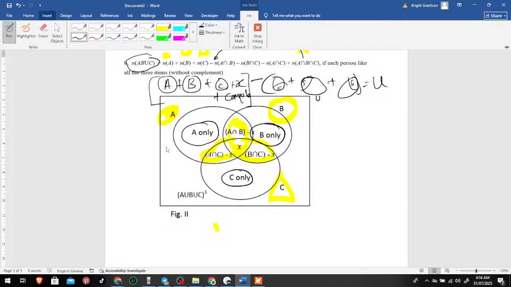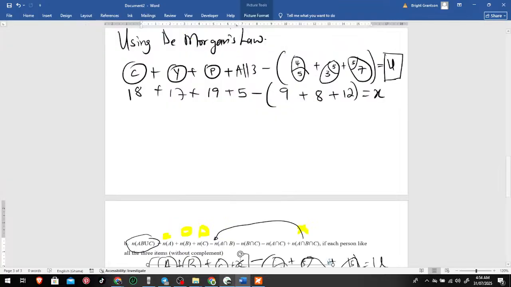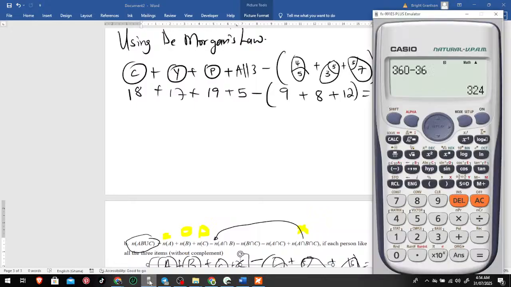So in this case, as we focus on this one, just add everything. 18 plus 17 plus 19 plus 5. The calculator is asleep, the machine is freezing. Add it.